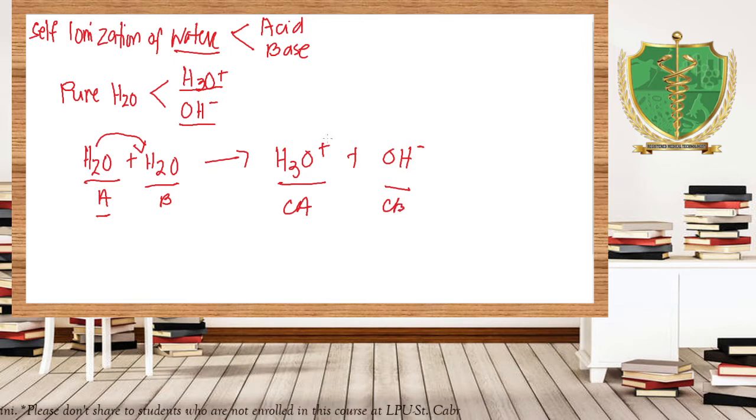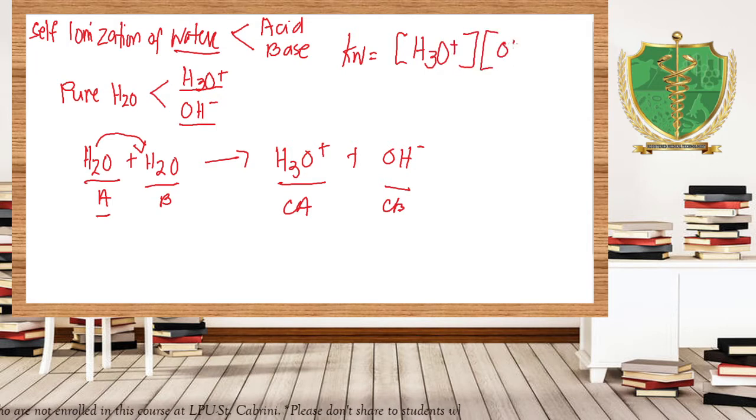In other words, a pure water contains hydronium and hydroxide ion. Take note that the equilibrium constant of the ionization of water is denoted as Kw, which equals the concentration of hydronium ion times the concentration of hydroxide ion.